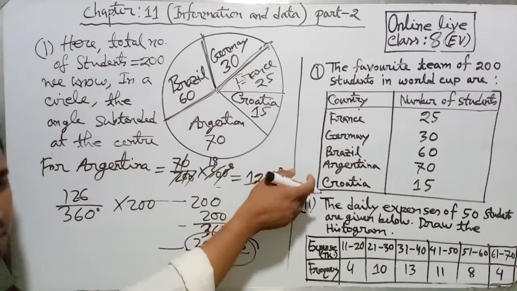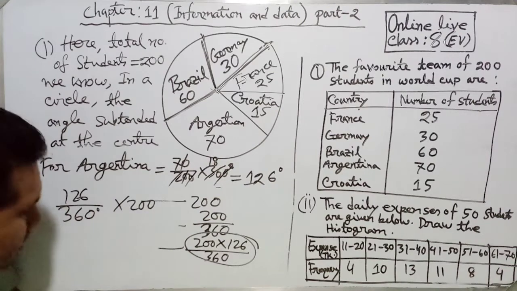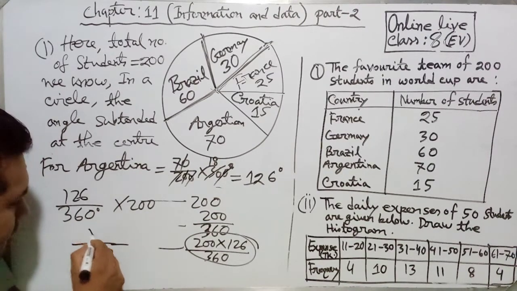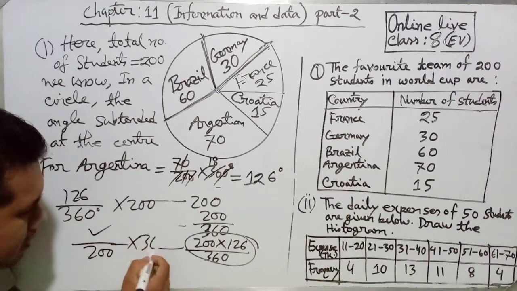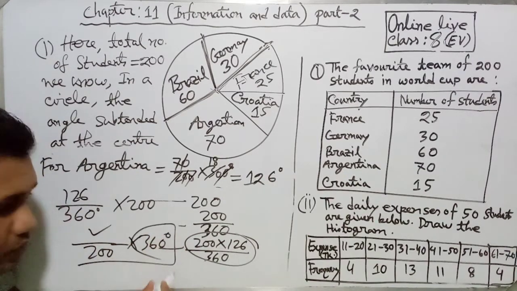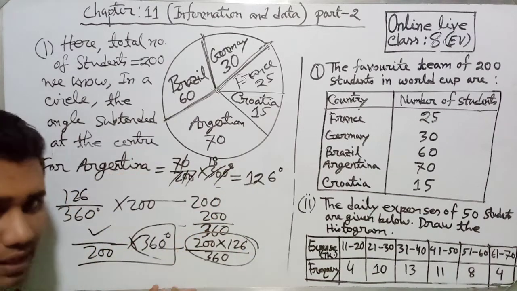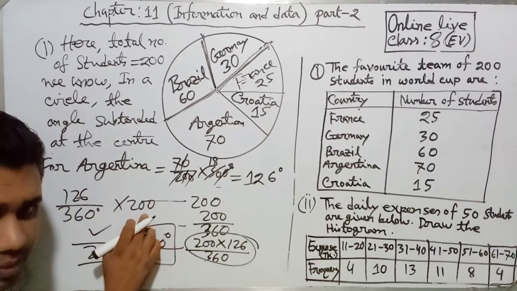And when you have to find the degree, then you write given students divided by total students, into 360 degrees. Very simple. If you have to find the degree, write into 360. If you have to find the number of students, write into the total number of students.